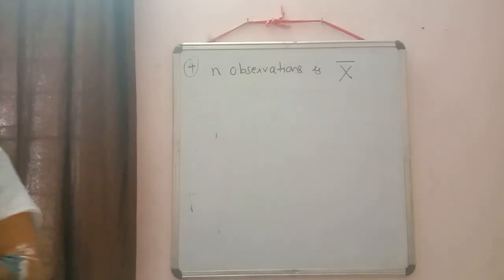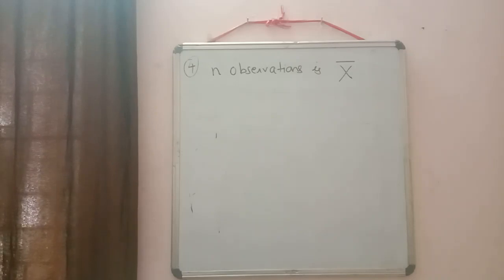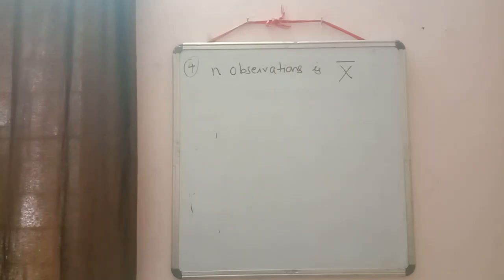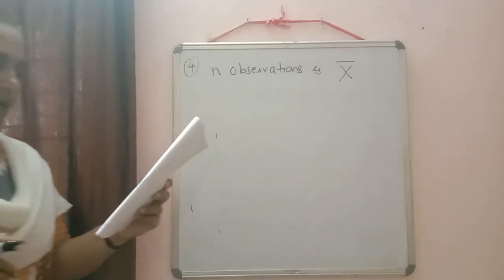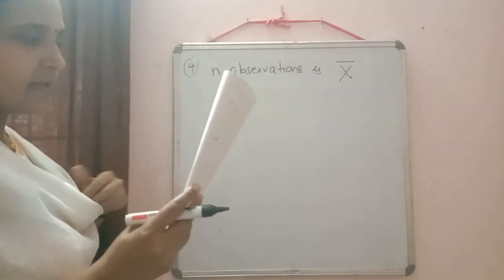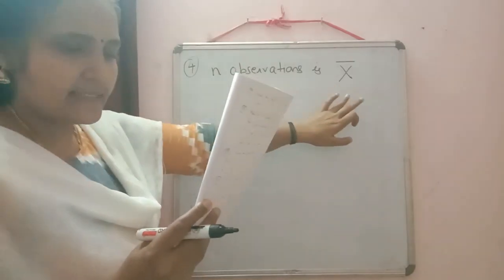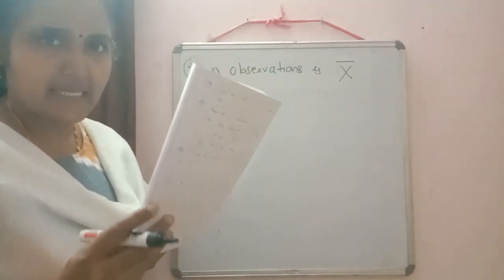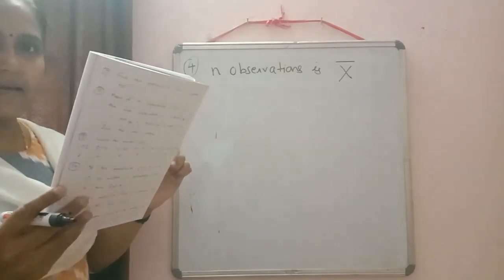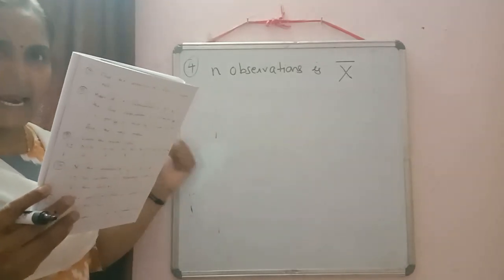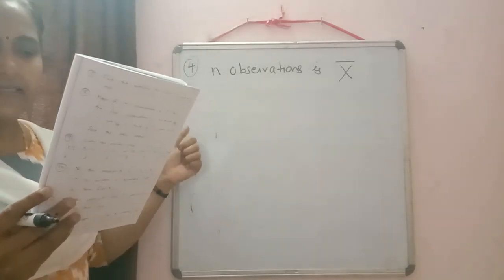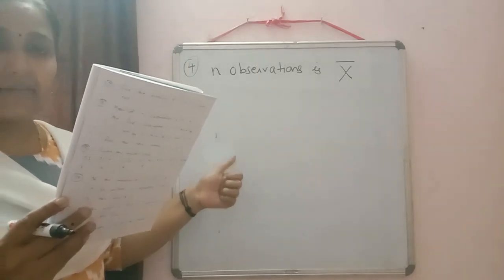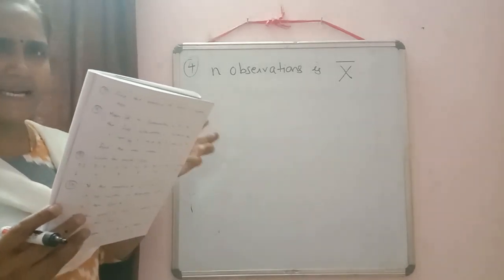If mean of n observations is x bar, then find the new mean if each observation is added, subtracted, multiplied or divided by a, where a is a constant, a number there.